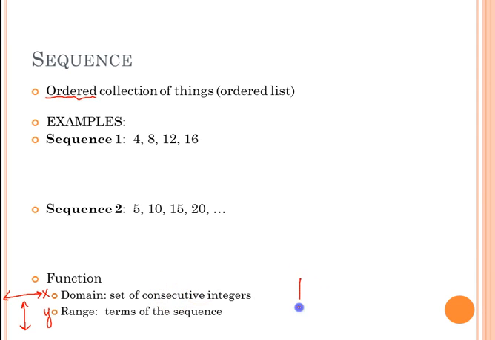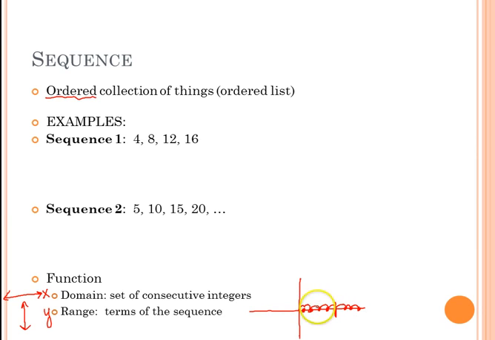Think about that if we're talking about an XY chart. Domain is as we go to the right: 1, 2, 3, 4, 5, 6, 7, 8, and so on. So your domain is in a sense where you're at. You're at the first term, the second term, the third term, the fourth term, the fifth term, the sixth term, the seventh term, the eighth term.